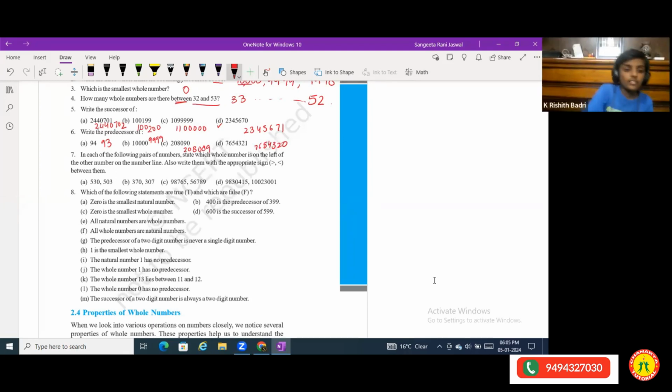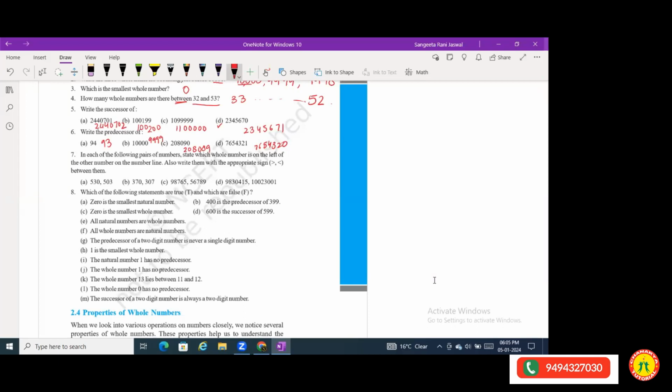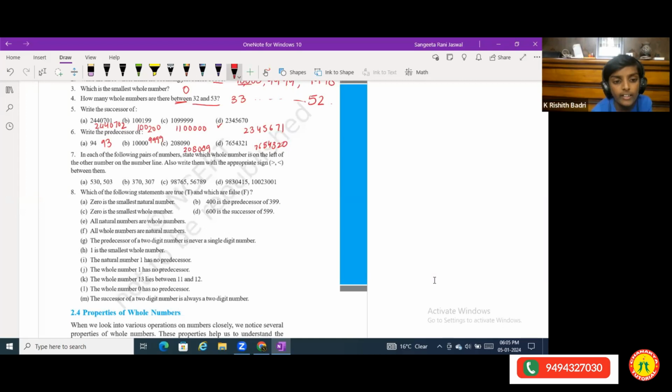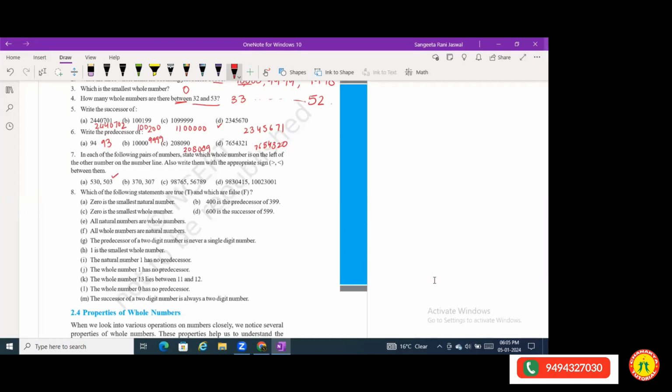Ma'am, 503 is left of 530. Yes. Okay. So we can even write the greater or lesser sign also. Whichever number is on the right side is always greater. Charvik, you tell me that. Ma'am, 307 is on the left side and 370 is greater.